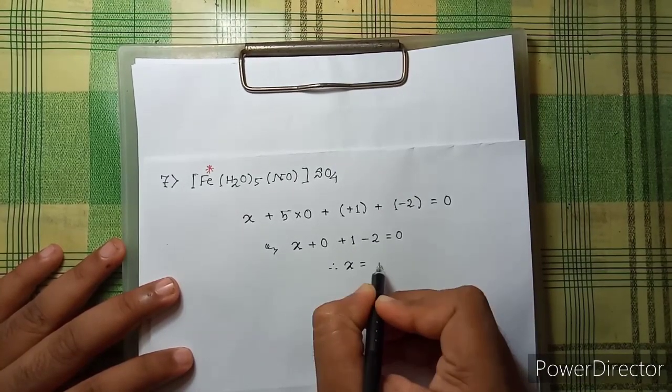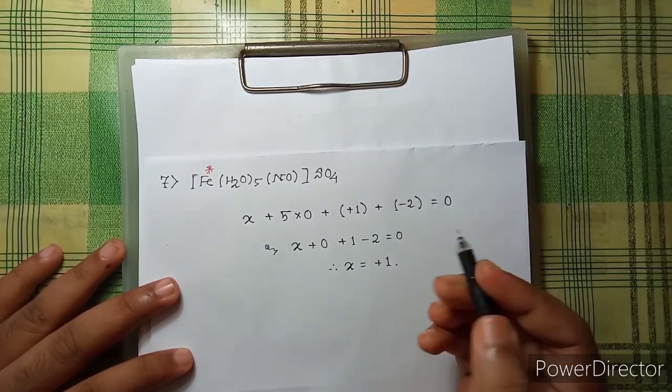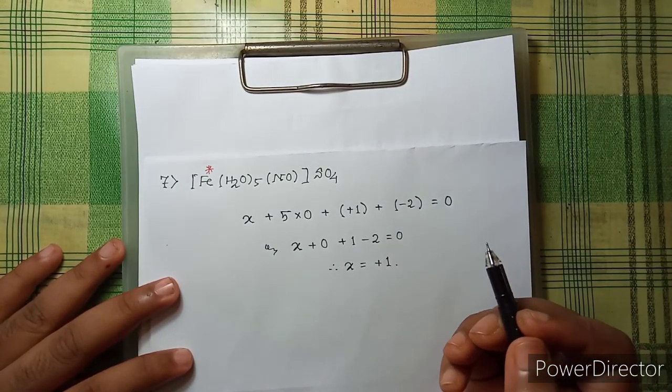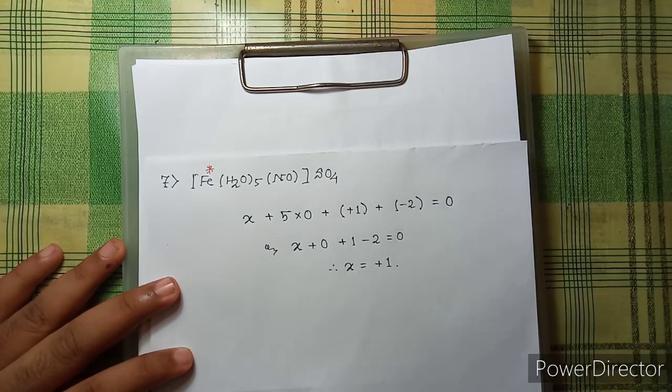Therefore X equals plus 1. So in this brown ring compound, the oxidation number of iron is plus 1. Clear?